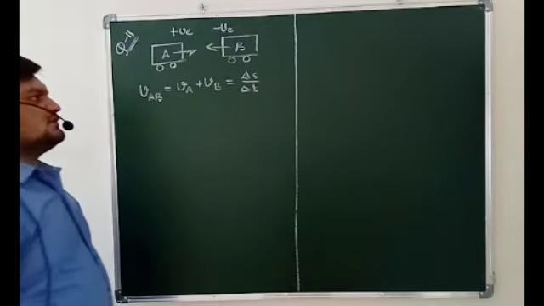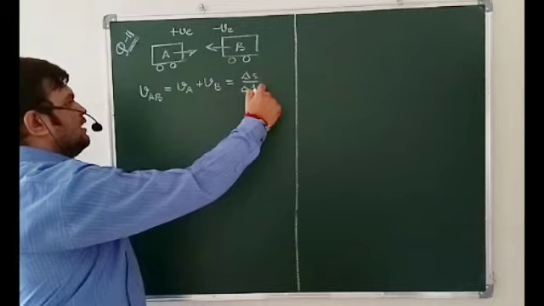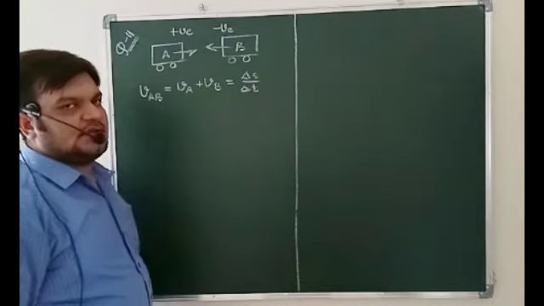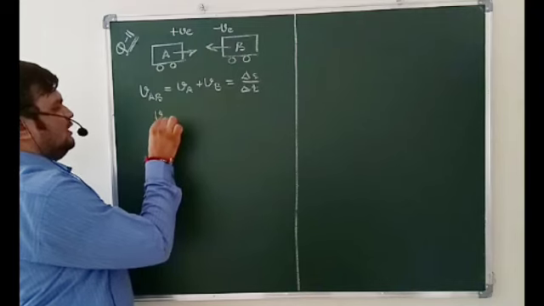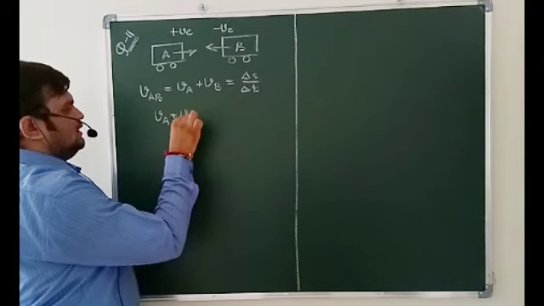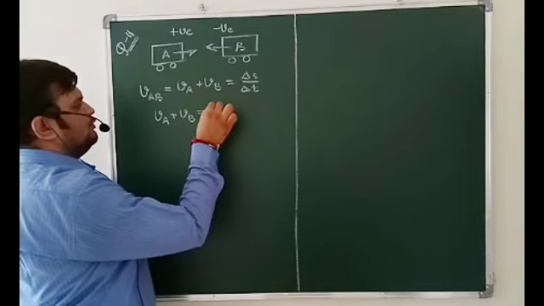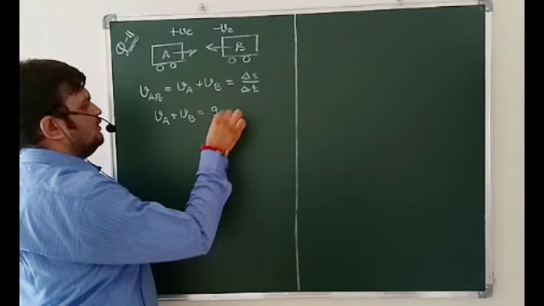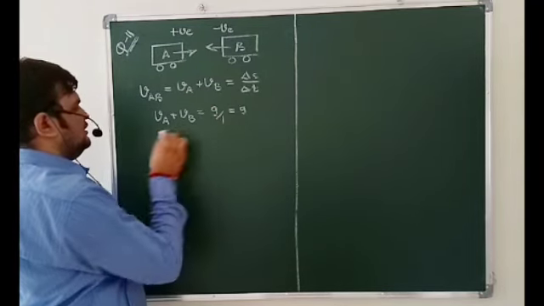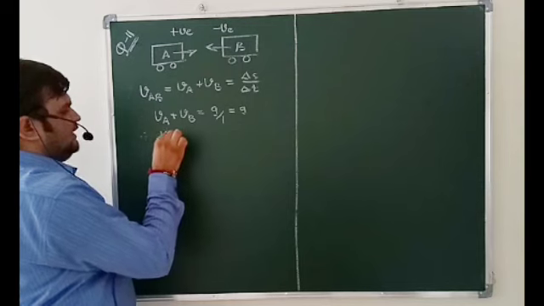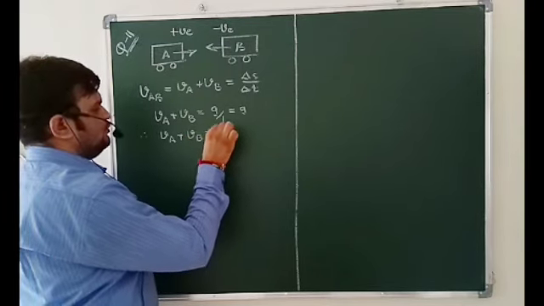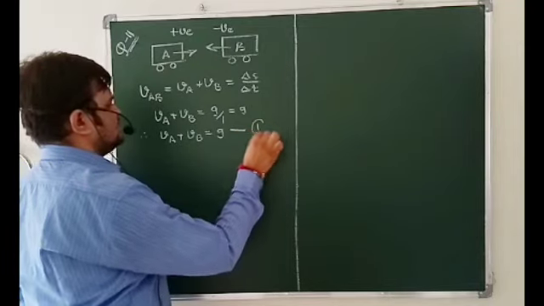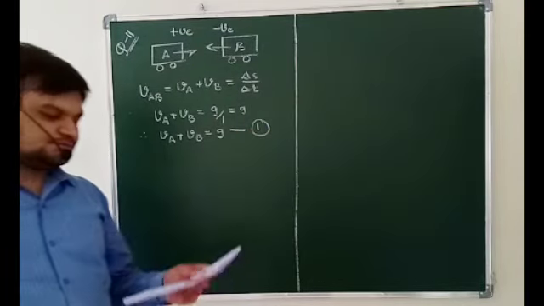Now the distance covered every second is 9 meters. So VA plus VB is equal to 9 by 1, which is 9. So VA plus VB is equal to 9. This is equation number 1.